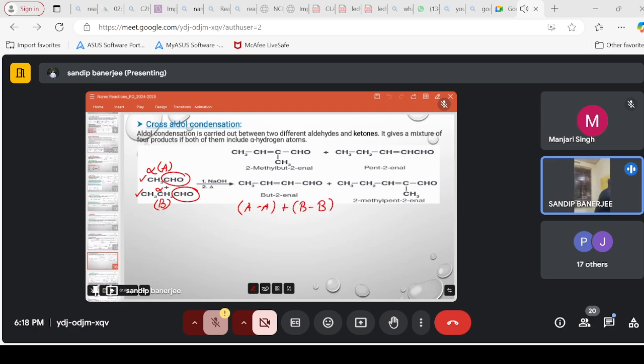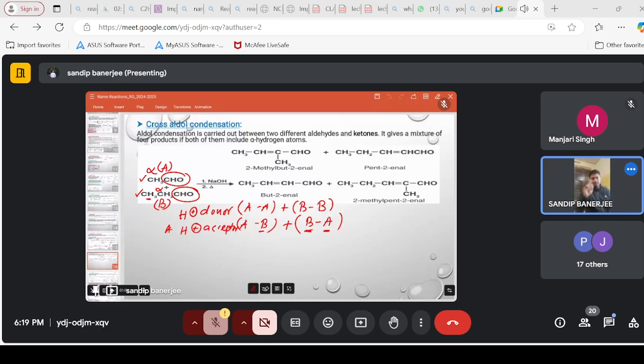AB means if I am assigning this one as B, B is the H plus donor and A is the H plus acceptor. So basically, this aldol reaction is happening via proton transfer, H plus transfer. And the fourth product will be BA, where A is the donor of H plus and B is the acceptor of H plus. This reaction is called your cross aldol.